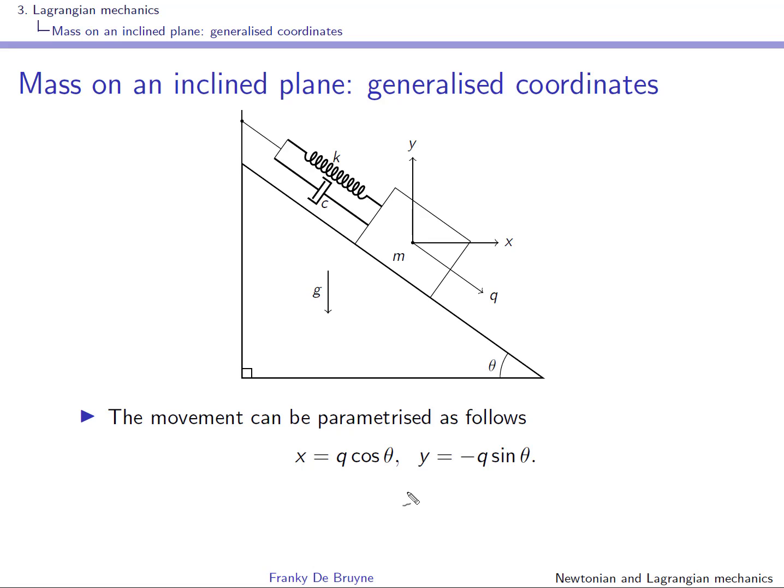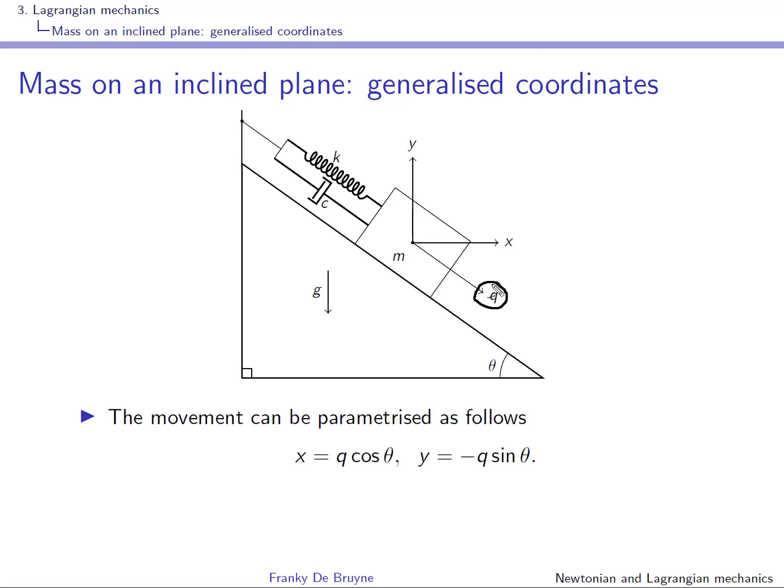And then, of course, since you have 1 degree of freedom, you're looking for a coordinate that is associated to this degree of freedom, and of course it's kind of obvious, right? So you choose Q because it's associated to the degree of freedom.